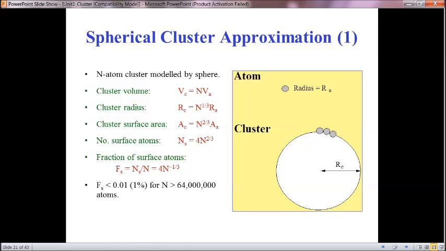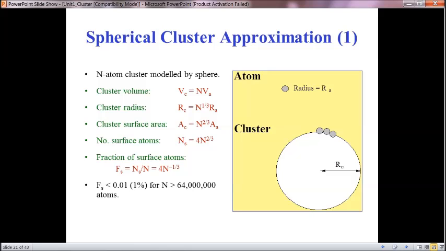Cluster surface area is A_c equal to n power 2 by 3 into A_a. As it is a radius, we are taking n square, and so n to the power 2 by 3. The number of surface atoms N_s is equal to 4 into n to the power 2 by 3. As it is a sphere, we have to take 4 quadrants, and so we are multiplying by 4 n square to the power 1 by 3, so 4 into n power 2 by 3.